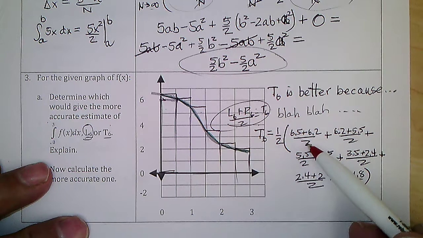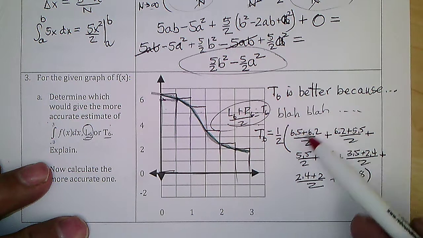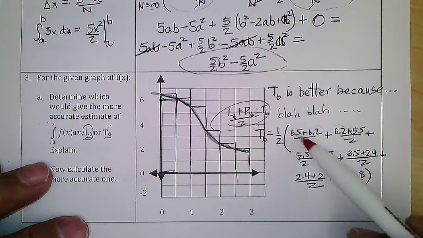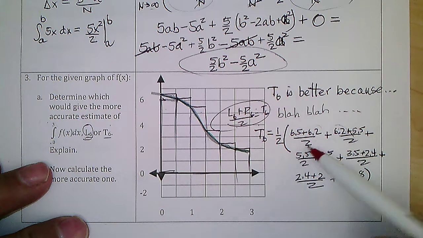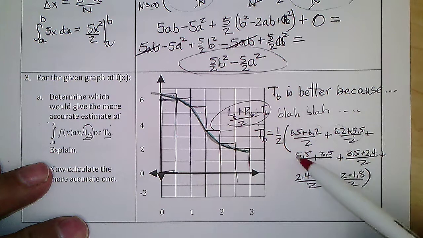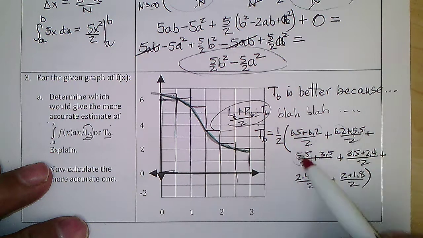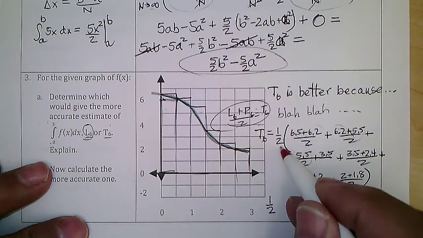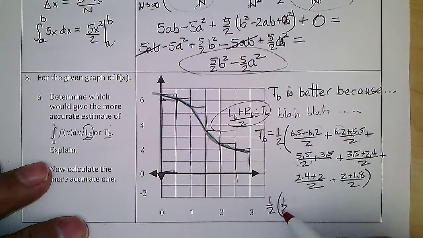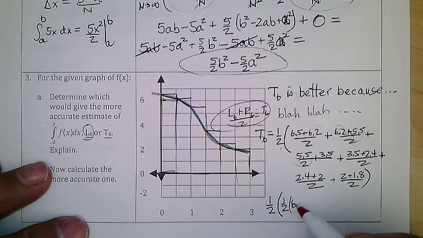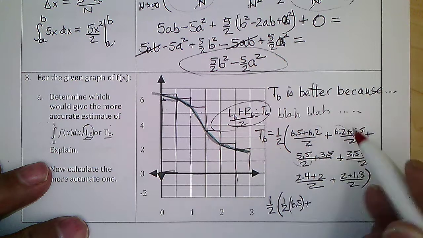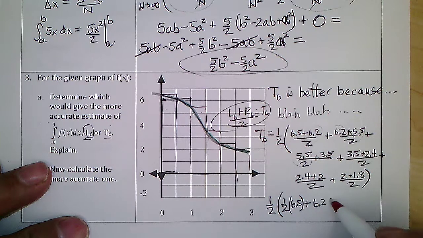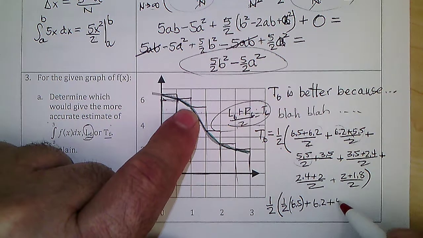Clearly, we got half of 6.5, the first height, and half and another half of 6.2. Then we got half of this one and half of this one. So I have half of the first height, I got 1/2 for the width, half of the first height plus 6.2 over 2 and 6.2 over 2 is just 6.2. I get all the heights in between.